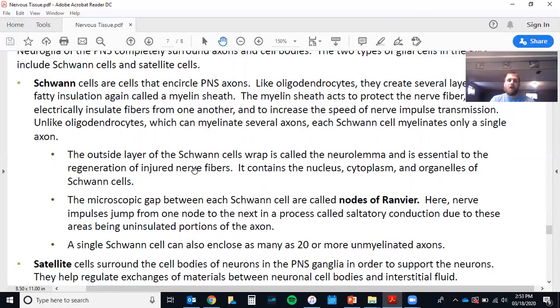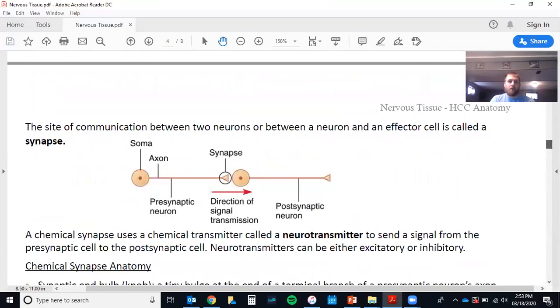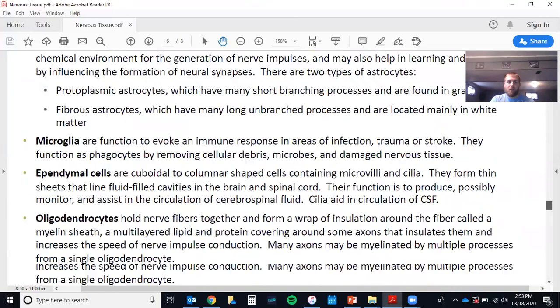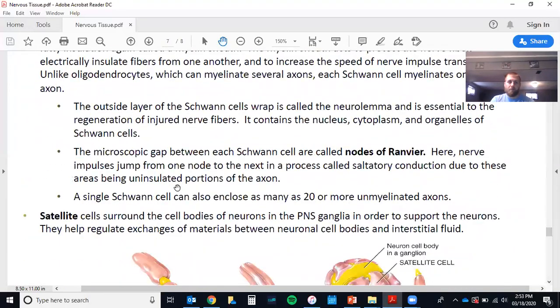If you have nerve damage in your arms or legs, not involving the spinal cord or brain, there's a good chance that can be repaired, and that has to do with the neurolemma that I've been mentioning. If I go back to this picture, they actually show the neurolemma and the myelin inside, the cytoplasm, and so on and so forth that we've been mentioning here.